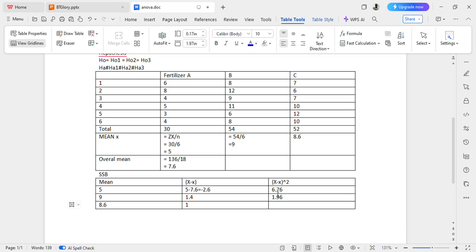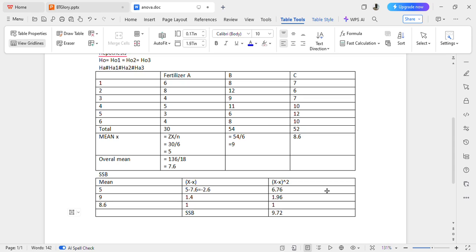And then 1 times 1, you get 1. So the sum of squares between is 6.76 plus 1.96 plus 1, which gives you 9.72.